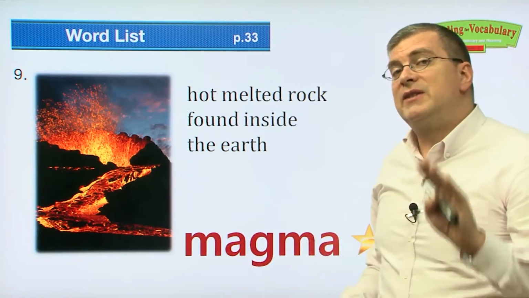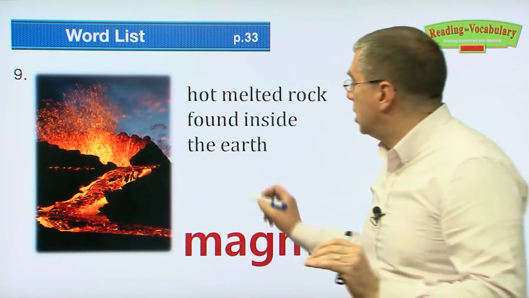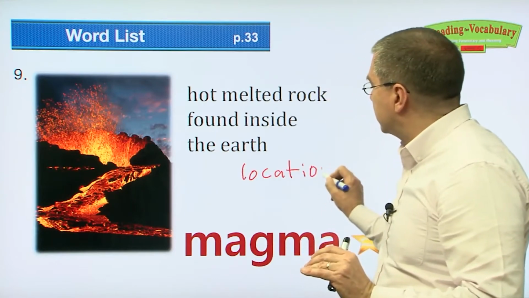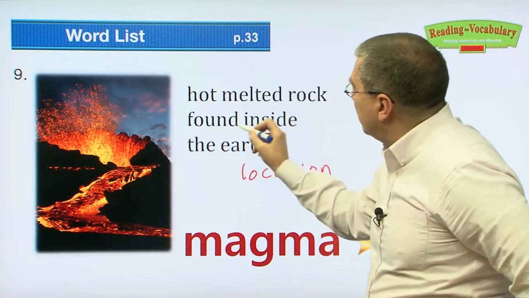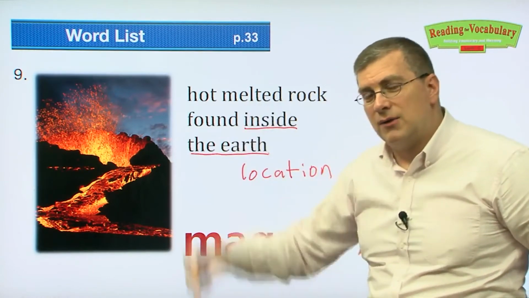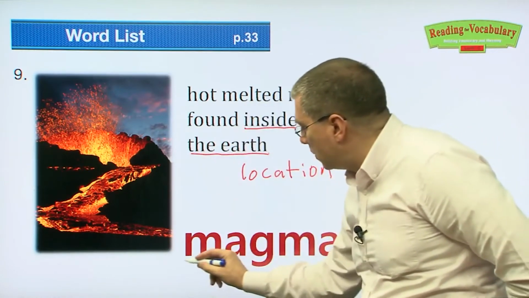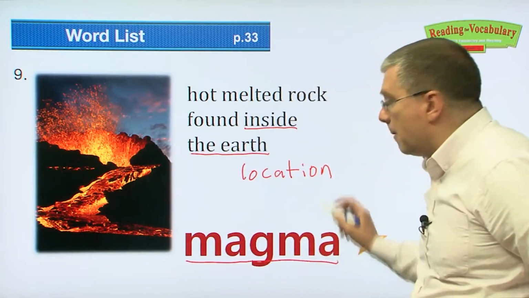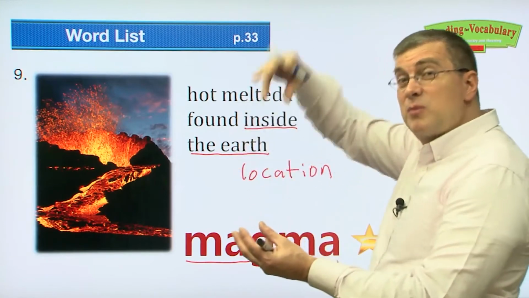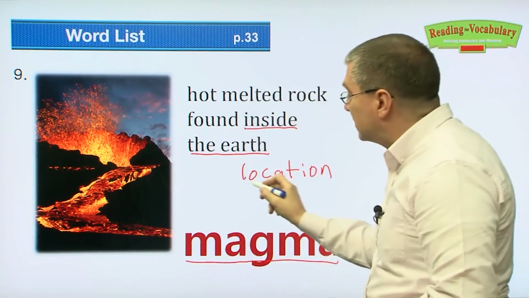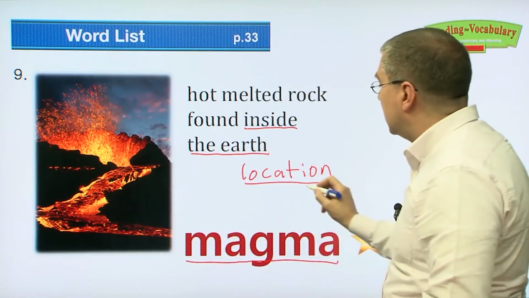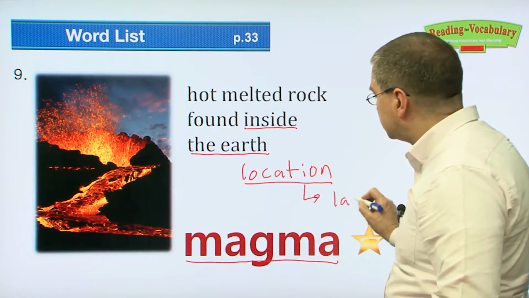The difference is location. In other words, where is it? This one says found inside the earth. If it's underground, if it's deep inside the earth, we say it's magma. But when the magma comes to the surface, when it comes out of the volcano, now it's in a different location. It's on the surface, and then it is lava.